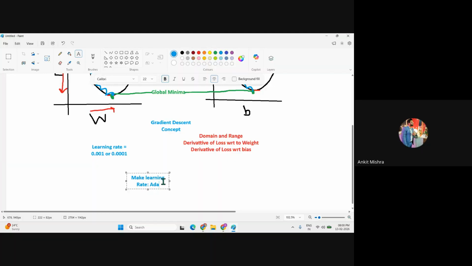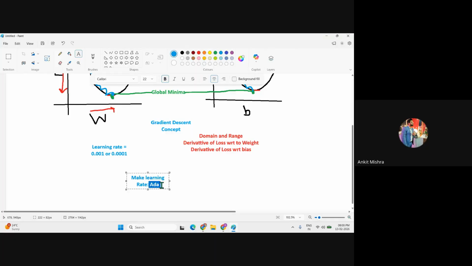If we are getting more loss, it will try to decrease the learning rate. But if we are getting less loss, it will try to reduce the learning loss.